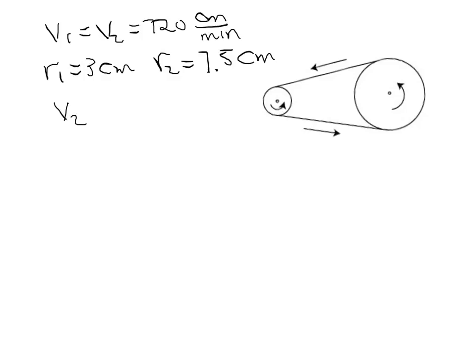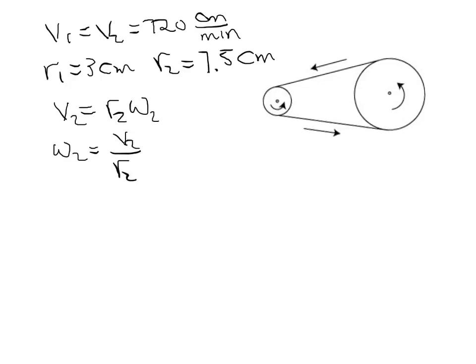So we would have V sub 2 equals R sub 2 times omega sub 2. And with that then, you can see we know the value for V sub 2, we know the value for R sub 2. We can, in essence, solve for omega sub 2, and we get the velocity divided by the radius.